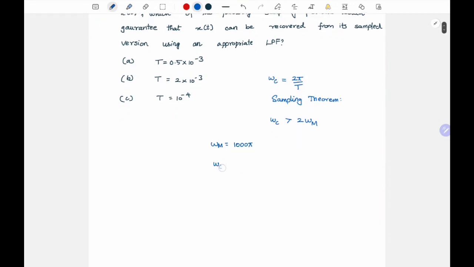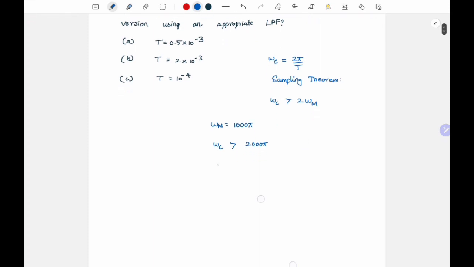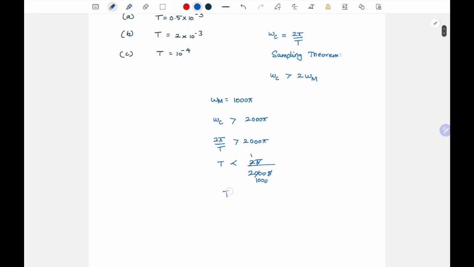So my omega s should be greater than 2 into 1000 pi, which is 2000 pi. So what about my T? So 2 pi by T is greater than 2000 pi. So T should be less than 2 pi by 2000 pi, which means it is 1 by 1000, or 10 power minus 3.